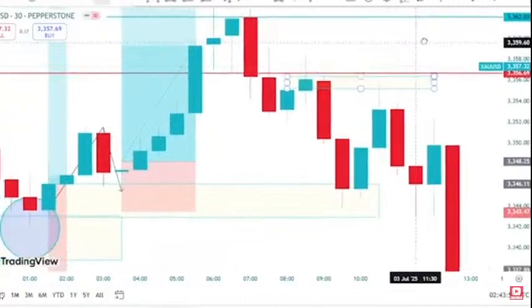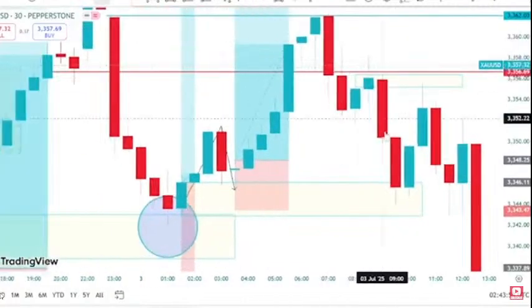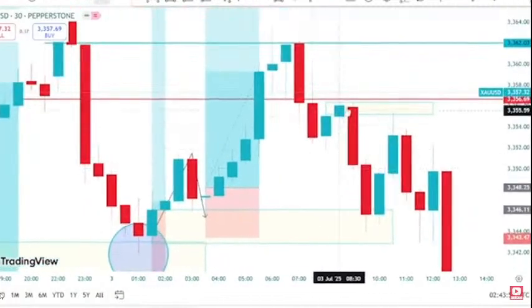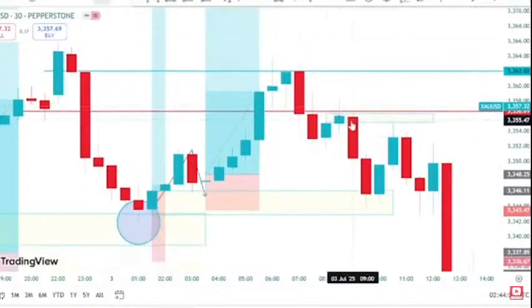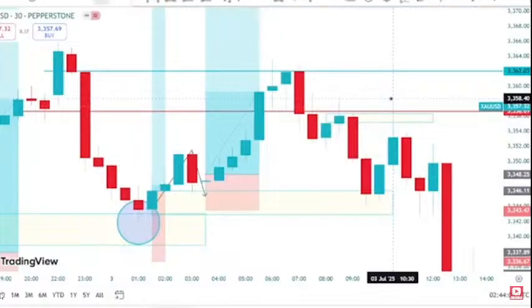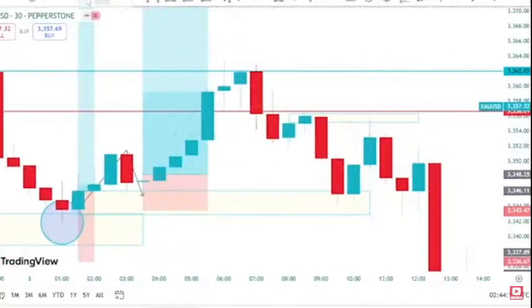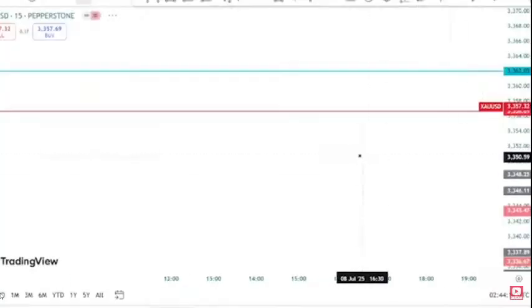Because now we are trying to move down, and even from the high we created this supply. So you have to make sure that you close from this area. This was the day of NFP, so we had to be careful and take few trades, and the target was from this area. I told him that you have to enter after the 15 minutes close.